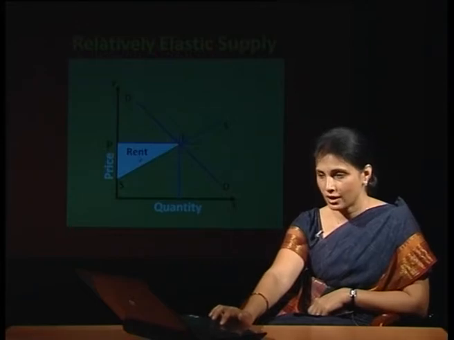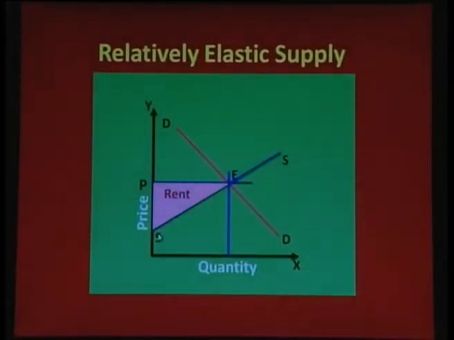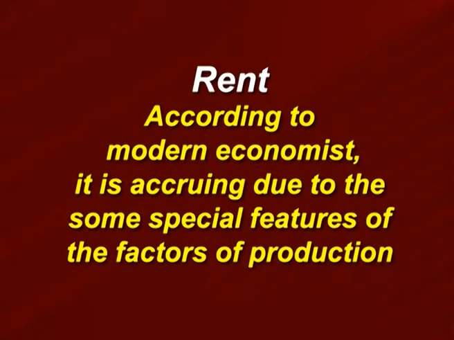As you can see, the more this supply curve is tilted towards a perfectly inelastic curve, the higher the rent will be. The more this curve is closer to the price axis, the less the rent will be. So, this tells us very specifically that rent, according to modern economists, is accruing due to some special features of the factors of production.